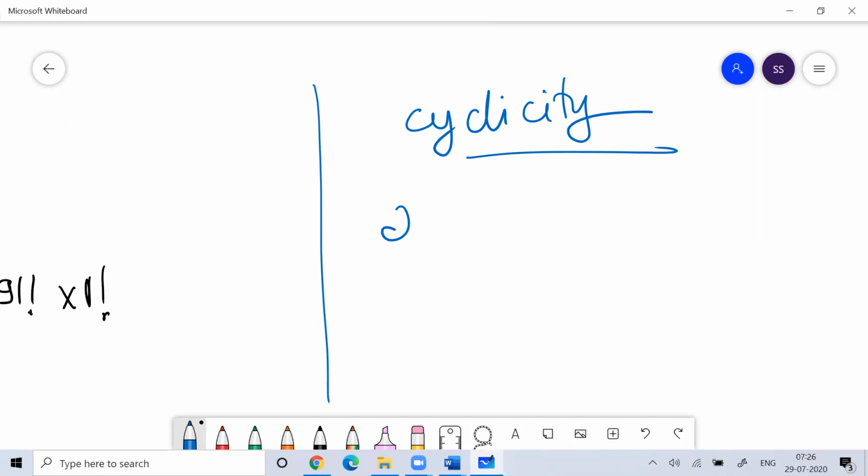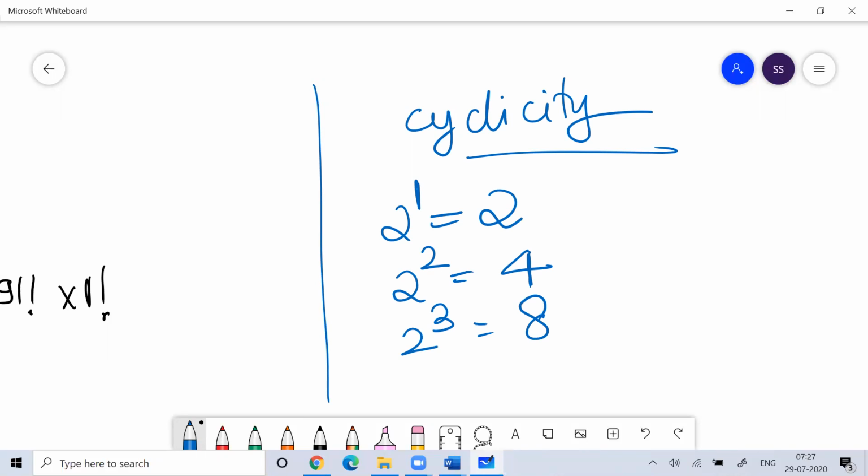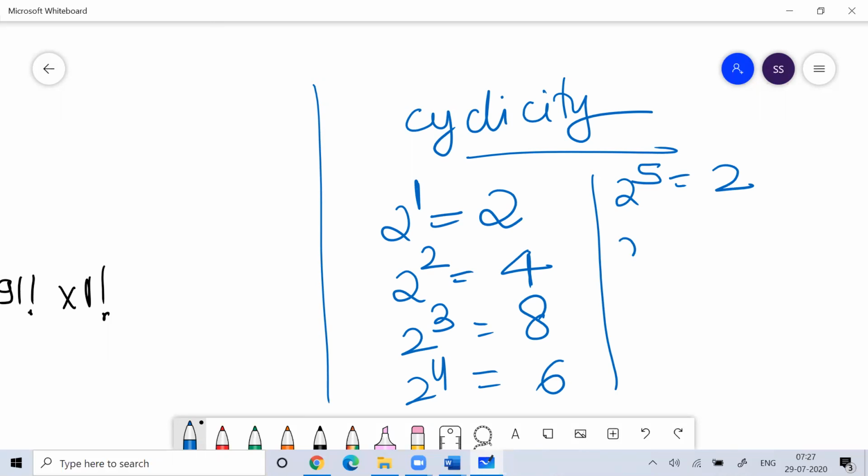2 to the power 1 is 2. Then 2 to the power 2 is 4. 2 to the power 3 is 8. 2 to the power 4 is 16. 2 to the power 5 is 32. 2 to the power 6 is 64. 2 to the power 7 is 128. 2 to the power 8 is 256.